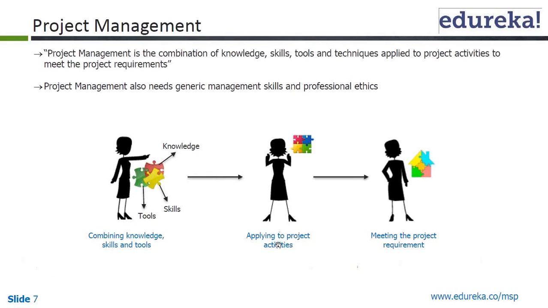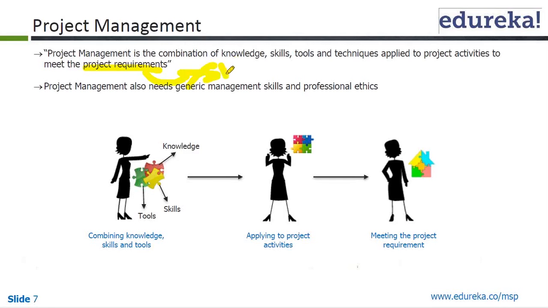Then you are applying that knowledge to the project activities, and essentially the goal is to meet the project requirements. So who provides you with the project requirements? The important stakeholder, or all the stakeholders?